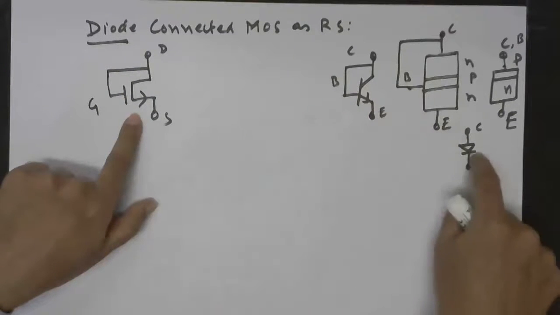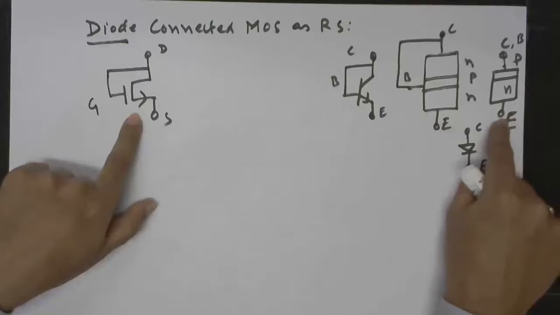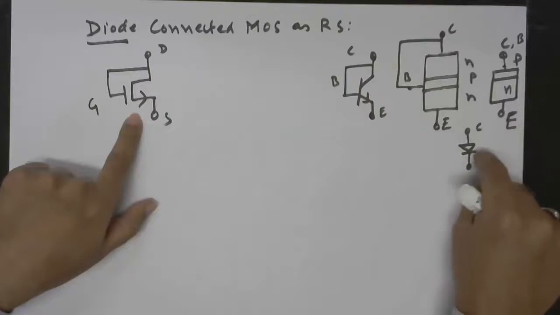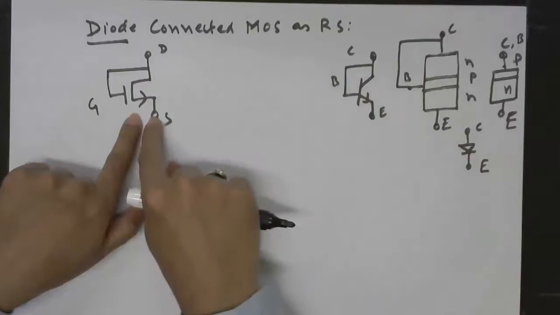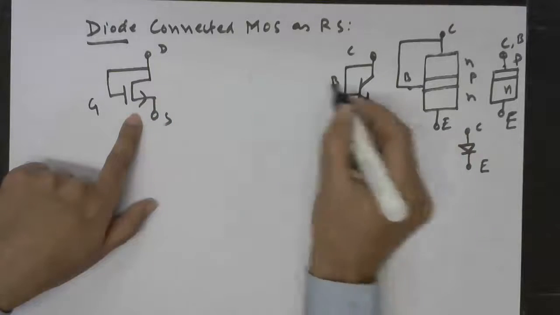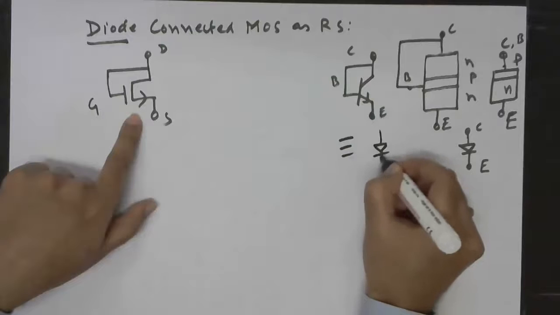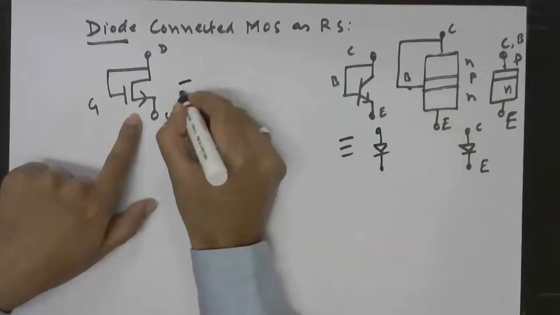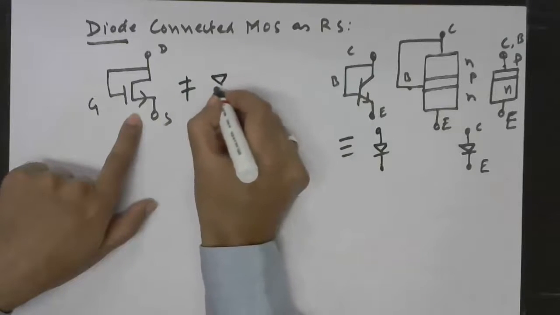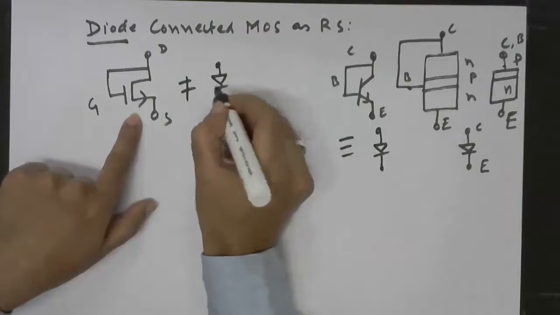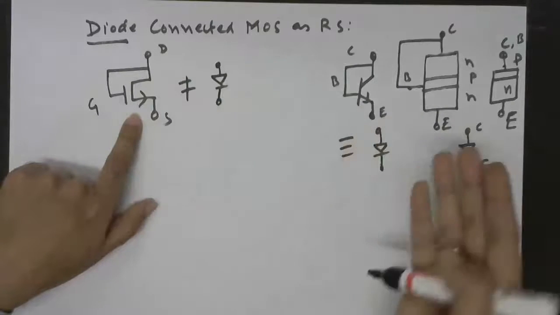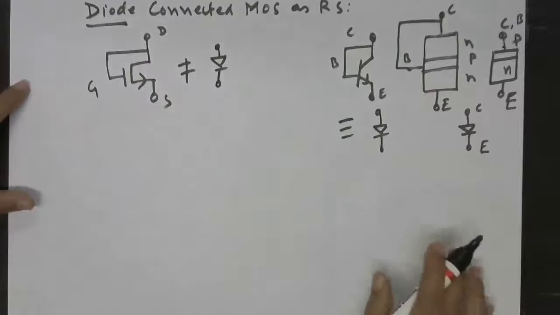This similarity is not up to this level, right? But the naming convention has been borrowed even from here to here. So here the BJT becomes equivalent to a diode. However, this is not equivalent to a diode. Yet this is called diode connected because of the corresponding BJT connection, right?